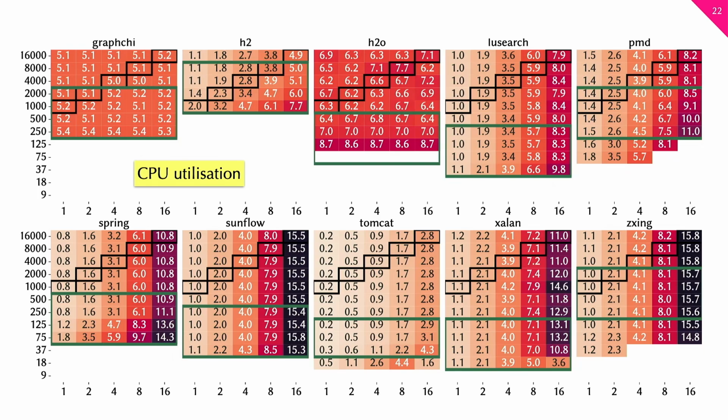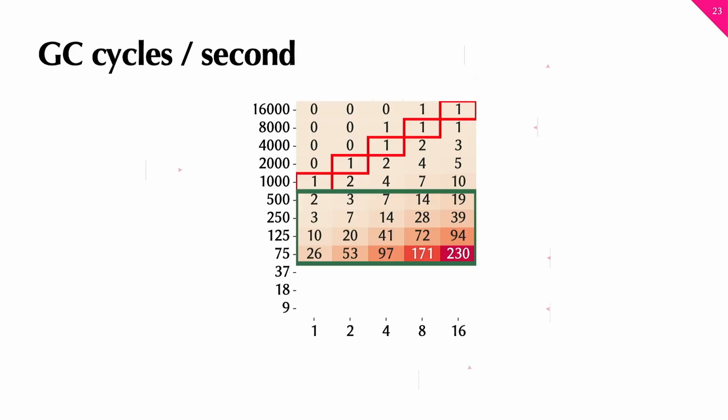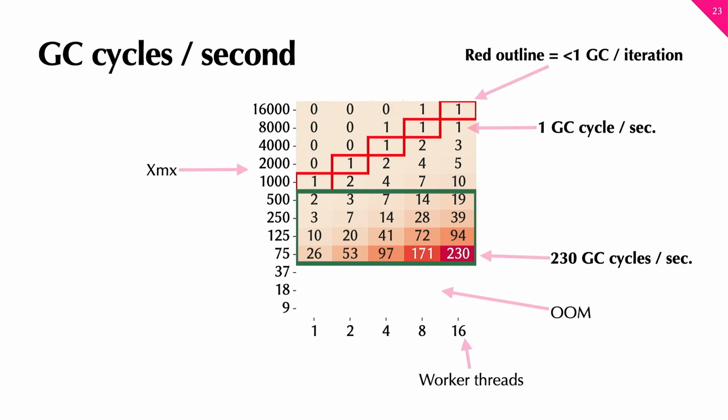So most programs give you ample CPU headroom. And then finally, let's look at GC cycles per second. Now the numbers represent how many GC cycles we did per second when this program was running.